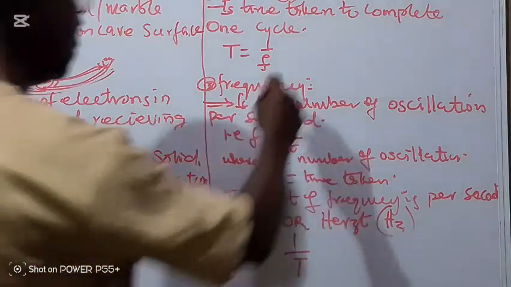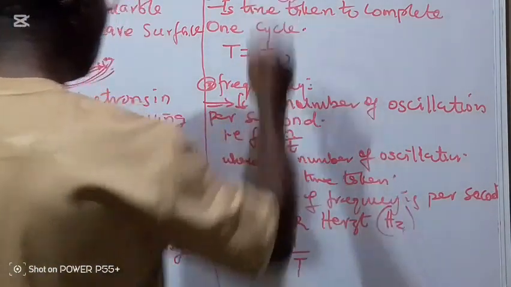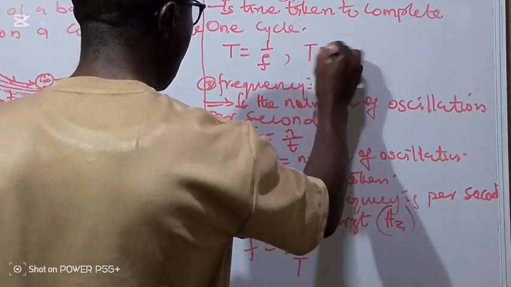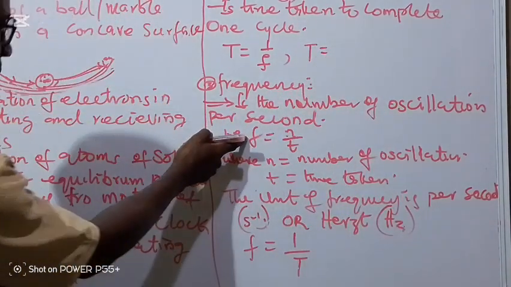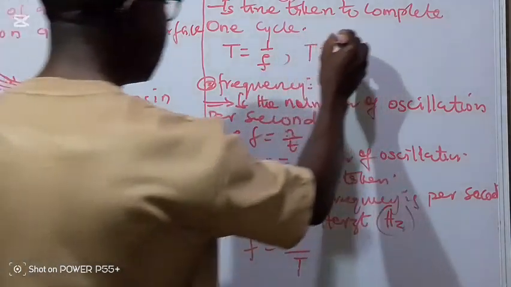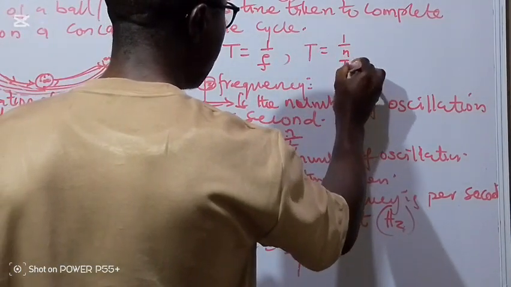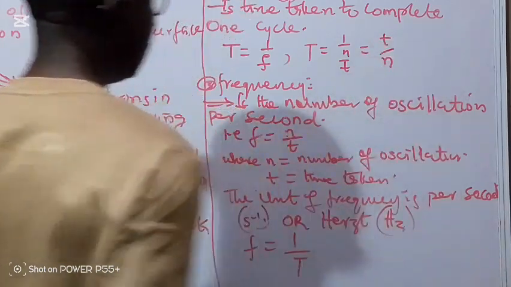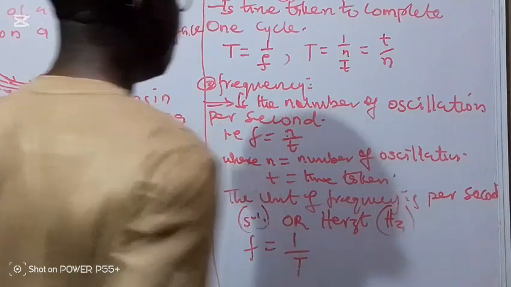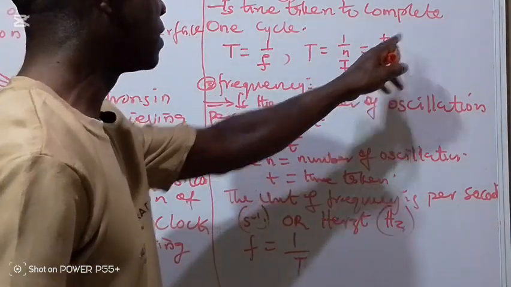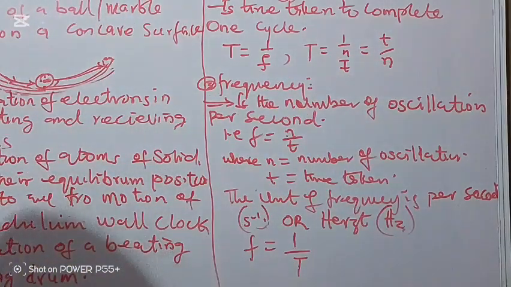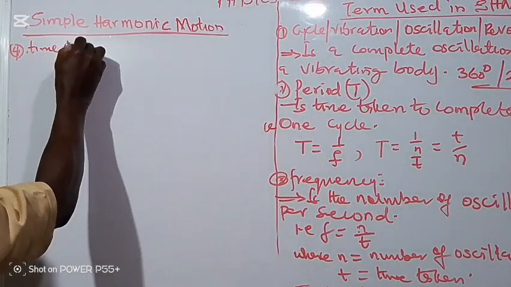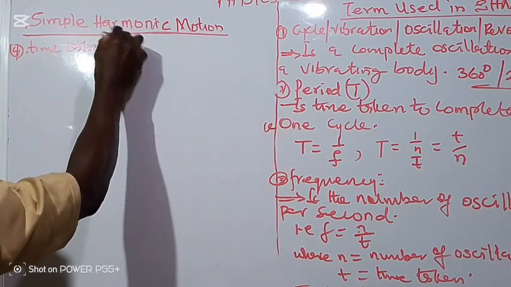Since frequency is N over T, you can now say period is 1 over N over T, which will give us T over N. So the formula for period also can be T over N, where T is the time taken. This one is small t.